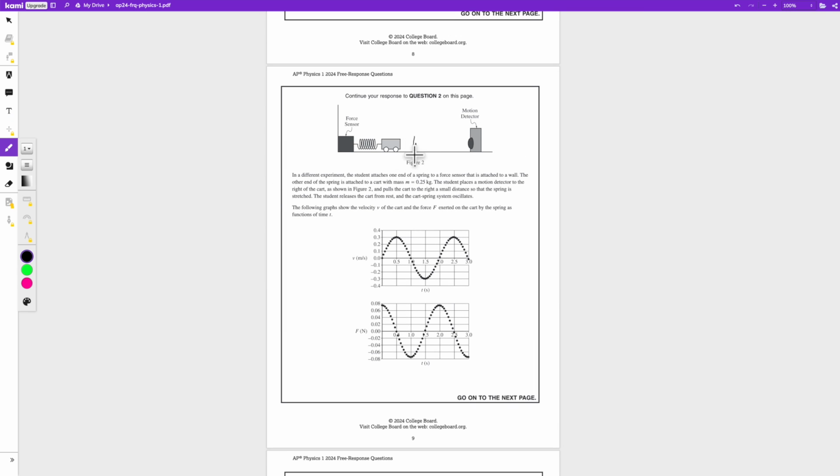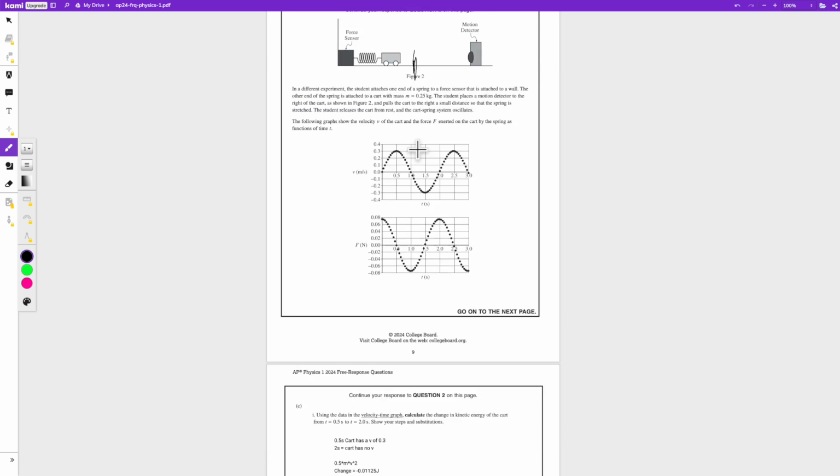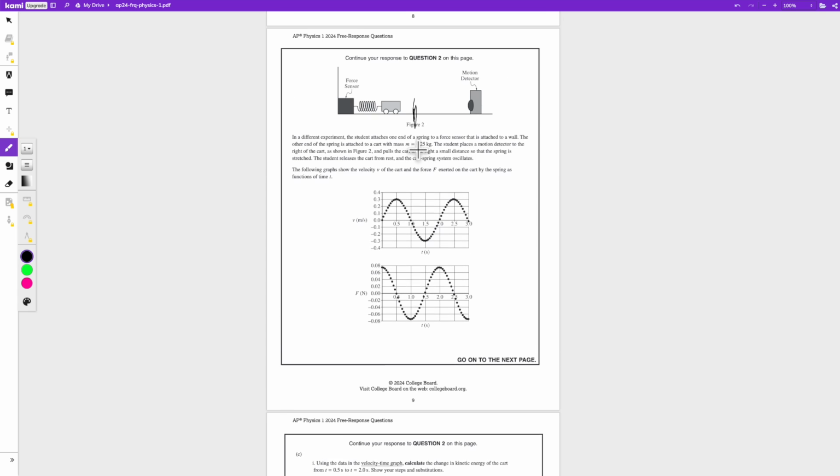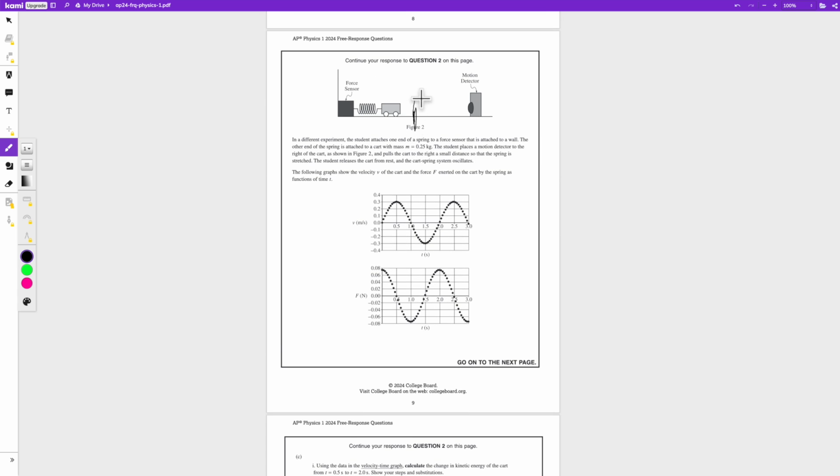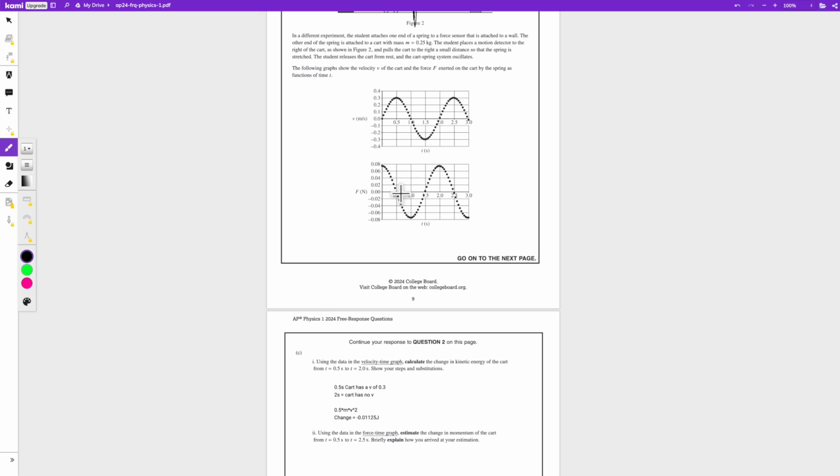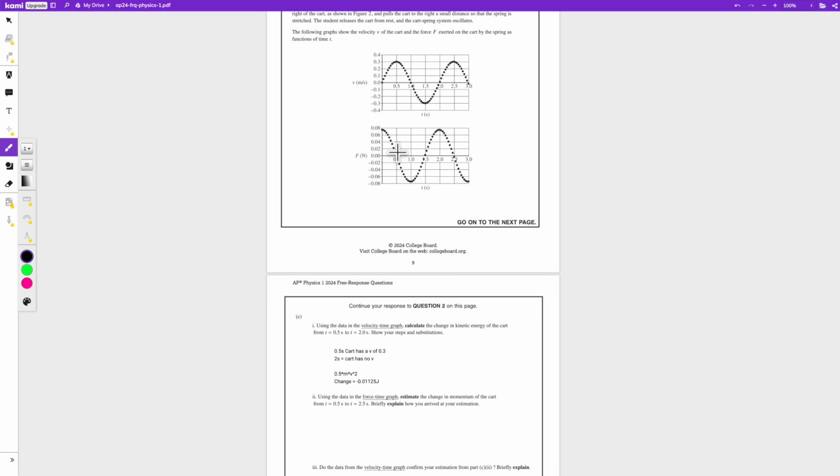So when the cart is here and the spring is not stretched at all, just at rest, that's when there is no force exerted on the cart. Because remember, Hooke's law, F equals negative kx, there's no displacement. So no force only happens at equilibrium. And that's when the cart is moving at its max velocity. So if we look over here, at 0.5 seconds it has no force, at 2.5 seconds it has no force.